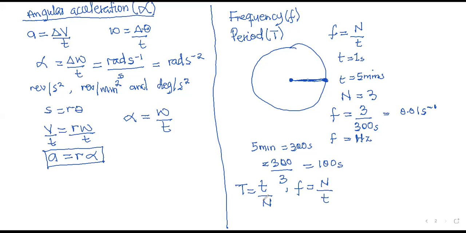Period is small t over n. Frequency is n over small t. Can we deduce a relationship between frequency and period? Anybody? Yes, the gentleman, please help me out here. You've been quiet. Looking at the two equations, can any one of you help me deduce the link between period capital T and frequency small letter f?